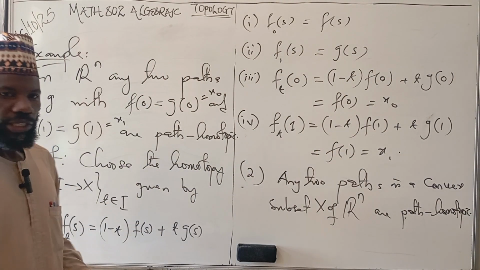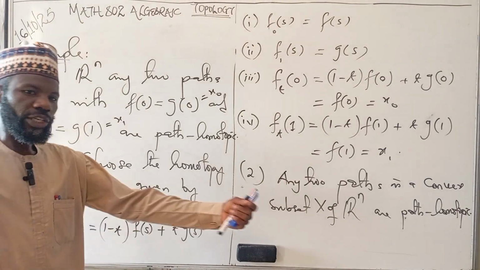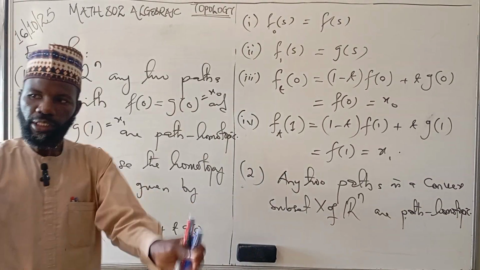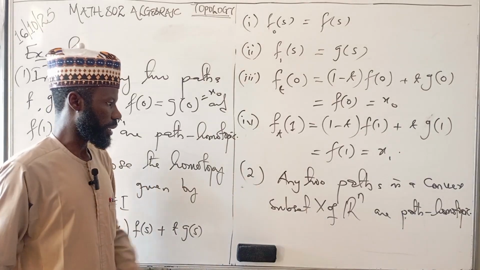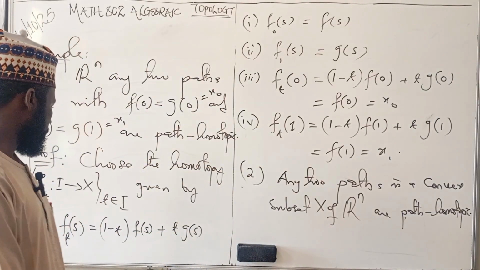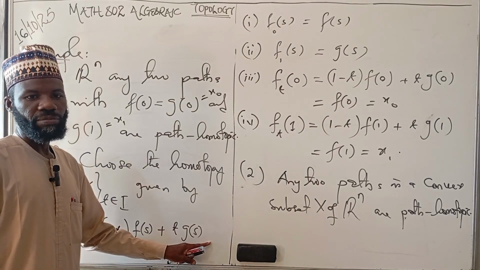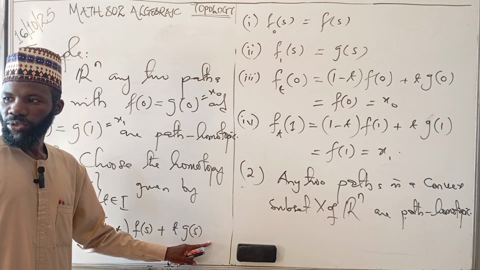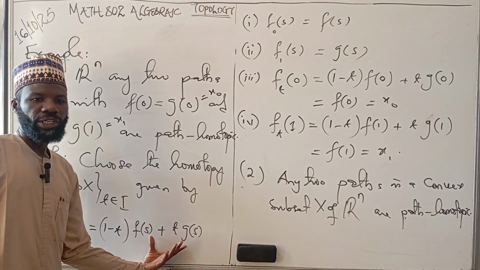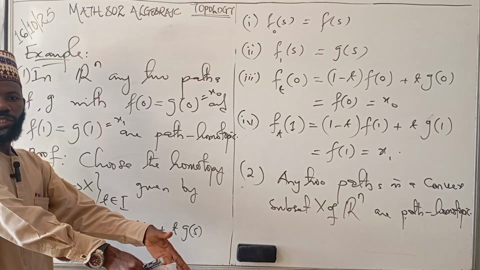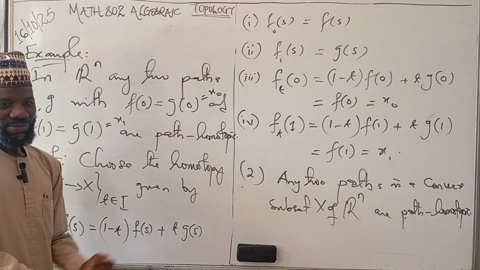In general, if it is a convex subset, it means the line joining any 2 points sits completely inside the space. That is when we say a space is convex. And that line joining is the linear combination. So if the space is convex, this linear combination for every t will always be sitting inside. So the homotopy is always happening inside the space.